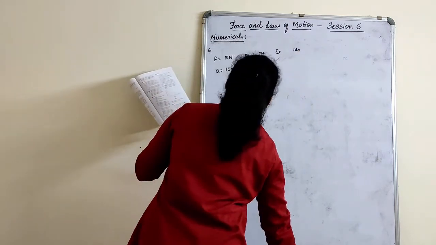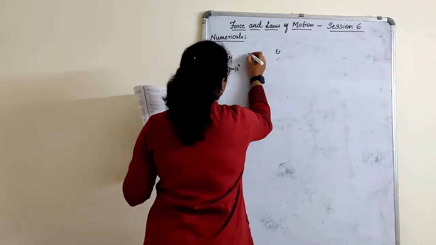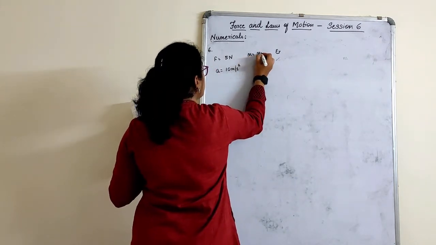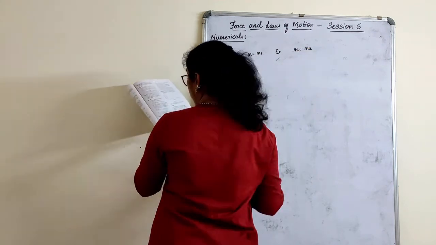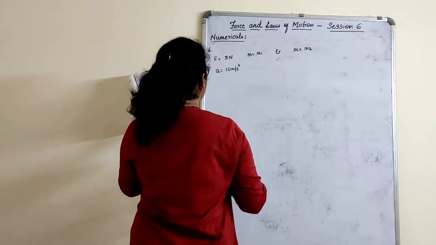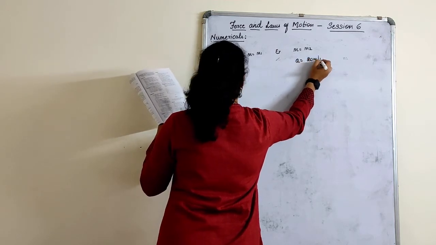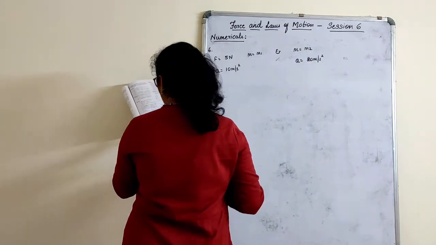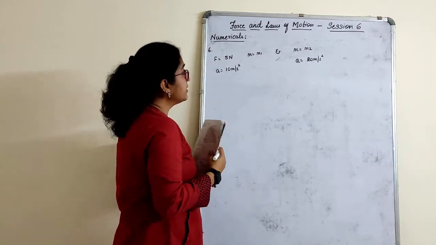Okay, so there are two masses here, mass m1 and mass m2, and m2 would accelerate for 20 meters per second square. What acceleration would it give if both the masses were tied together?